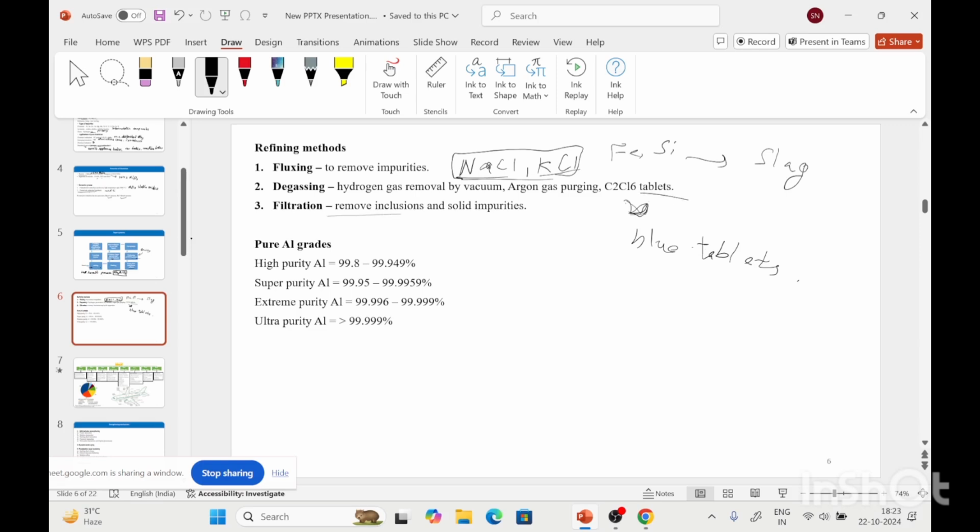Then filtration is done to remove inclusions and solid impurities. For the filtration, a porous refractory material is used.